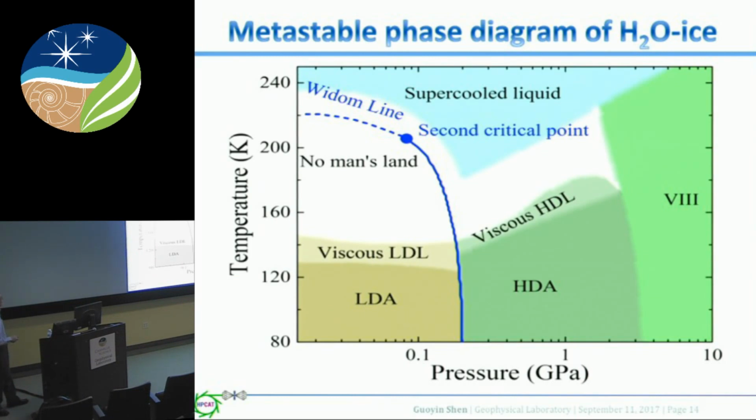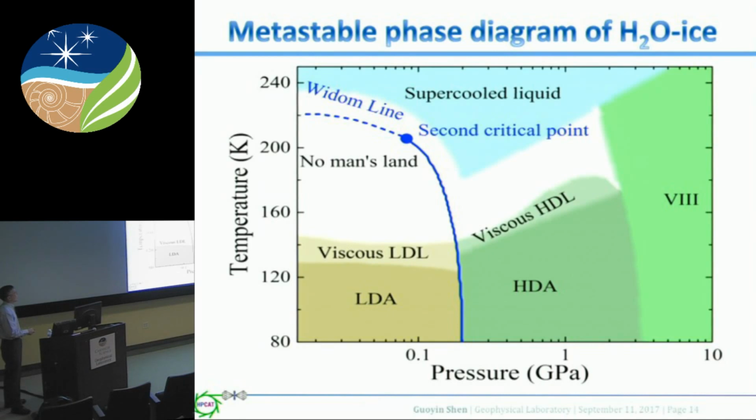And then based on this LDA, based on the pressure-induced amorphization and the appearance of LDA and the PT range, theoretically, it's being proposed that there could be a phase line between low-density liquid and high-density liquid.